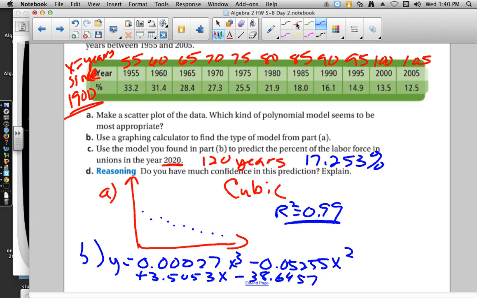So for D, easiest thing to explain would be I do not have a lot of confidence in this model.